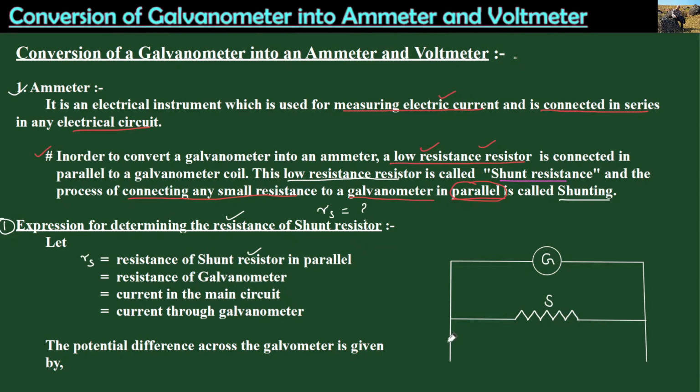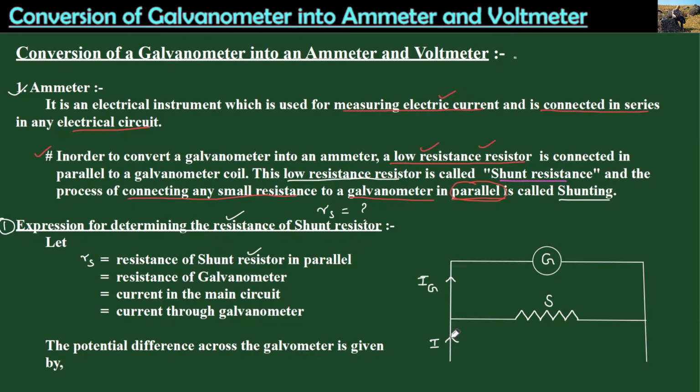So in this case, we will put certain conditions. Suppose let I be the current in the main circuit, and part of the current will flow through the galvanometer. Let us denote that current as Ig.